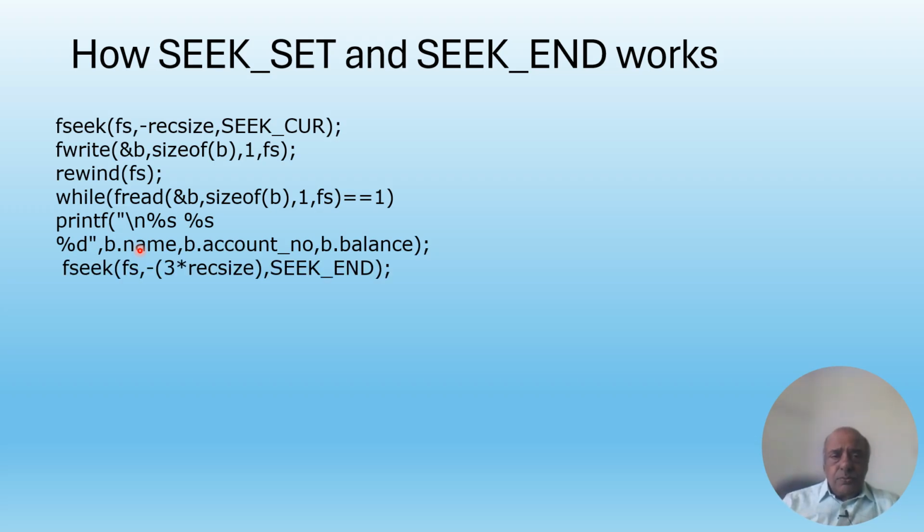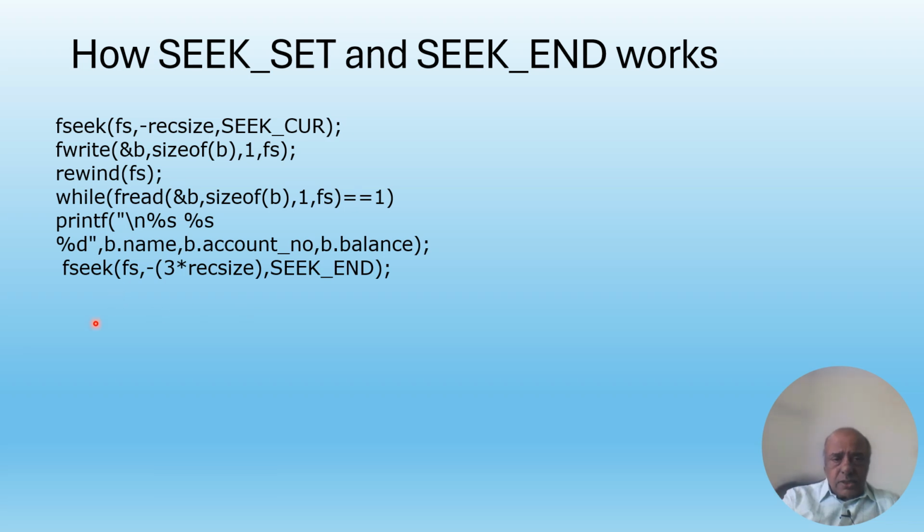Then what we do, when this fread executes and the while loop is terminated, after giving out the values by this printf statement, the pointer has moved to the last record of the file.